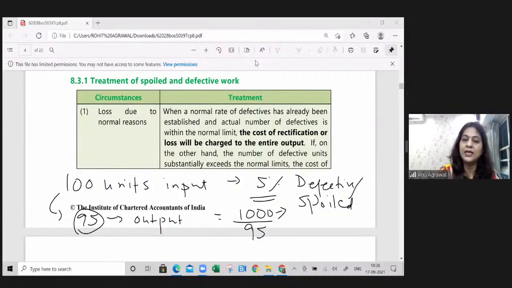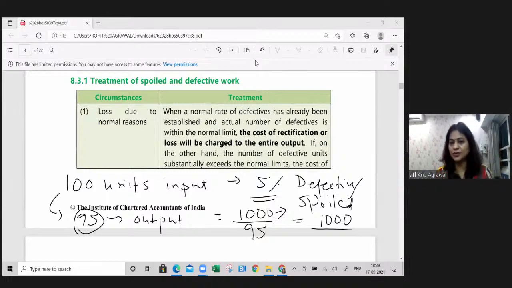What do I do? I divide this 1,000 rupees over these 95. But let's say after doing this 1,000 rupees of expenditure, those 5 units become good. I'll divide this by 100. Why? Because this was accepted. This 5 units of defect, I accepted that, okay, this much defect I accept. So this will be shared by all the units.